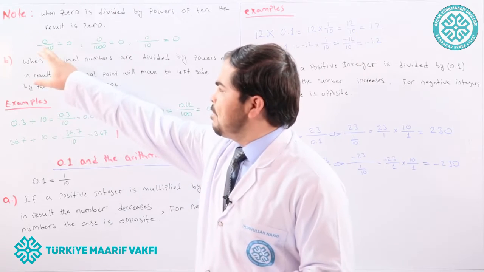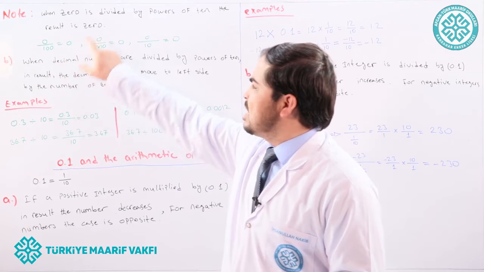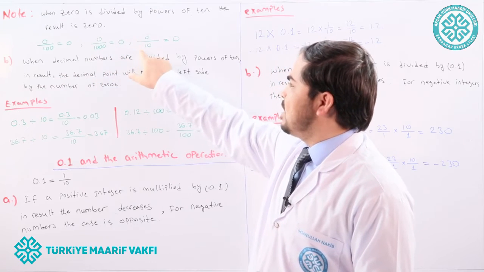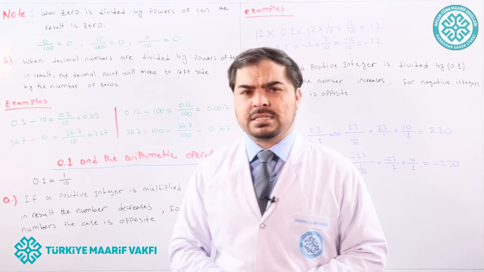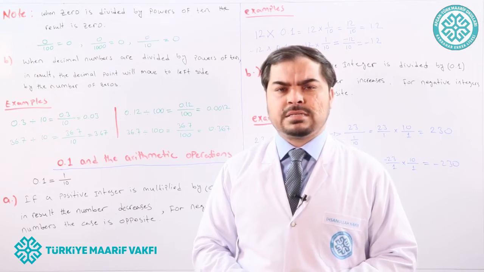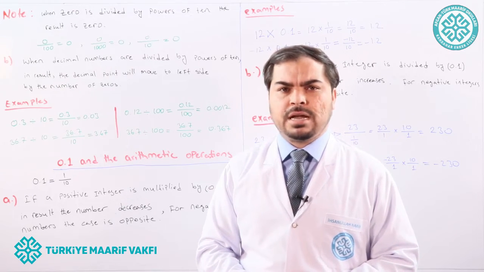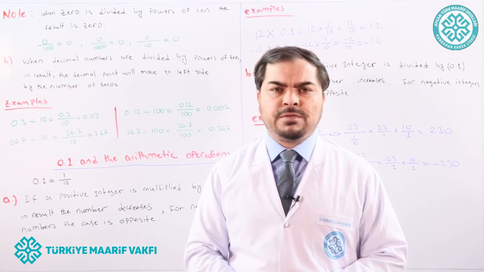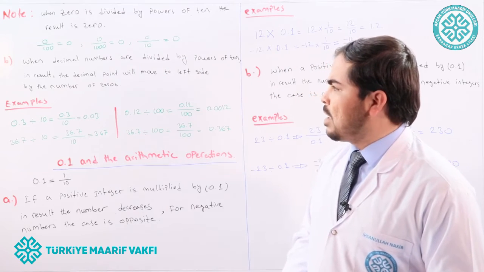For example, here we have 0 divided by 100, it will become 0. 0 divided by 1000 will become 0. 0 divided by 10, and the result is 0. This is true for all numbers. For example, if there is an integer number, a decimal number or a fraction, and in the denominator we have 0, the result will be the same, 0.